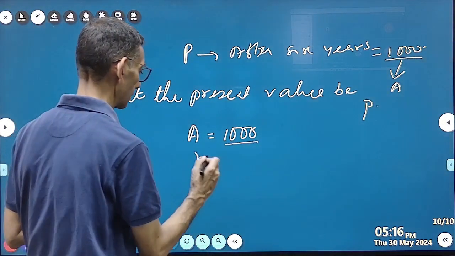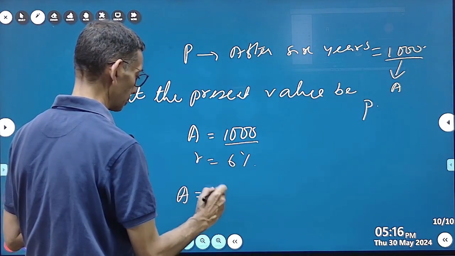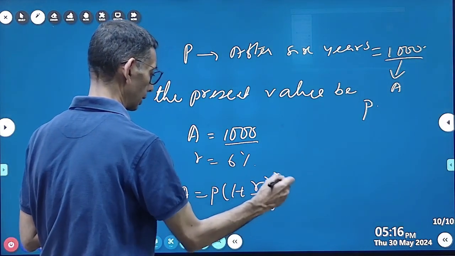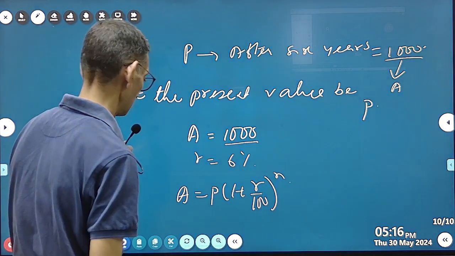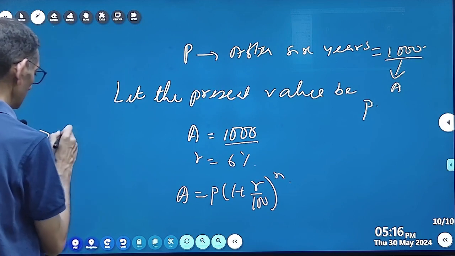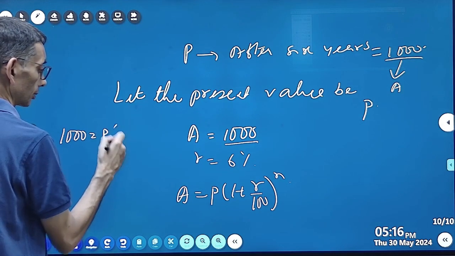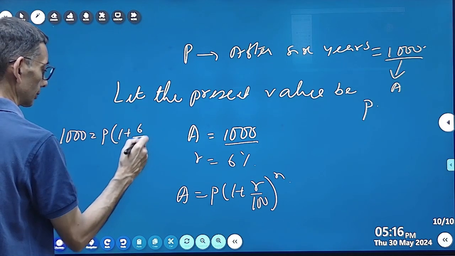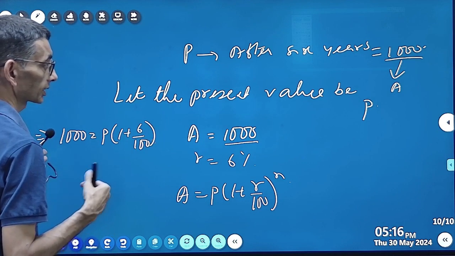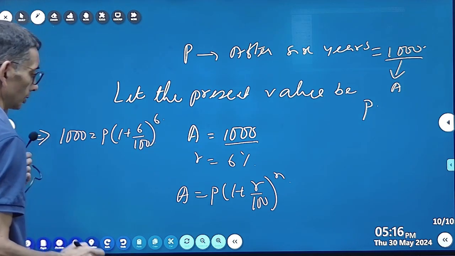The rate is given as 6%, right? So we know A is equal to P (1 plus R by 100) whole to the power n. So 1000 is equal to P, we do not know P, into (1 plus 6 by 100) whole to the power 6 years, right?